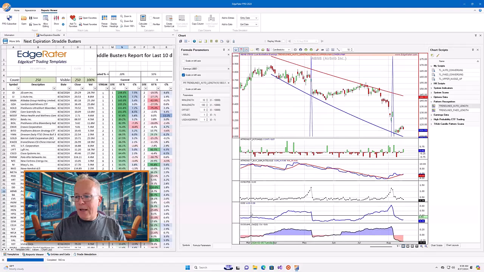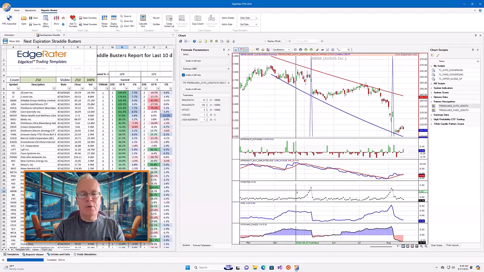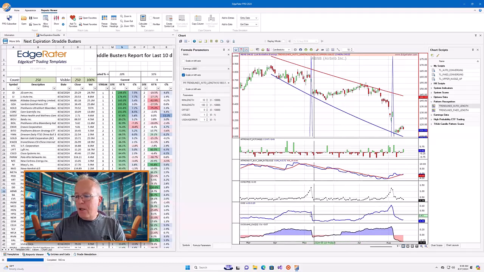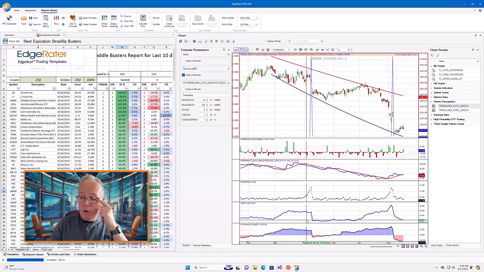That's on the next expiration, which in weekly options is normally always a Friday, unless you're dealing with something like SPY that has more than one expiration during the week. But most of the regular stocks only have one expiration a week, and that's on a Friday. Below that, we have the IV30, which is your regular implied volatility. Whenever anyone talks about implied volatility, normally they're talking about the 30-period implied volatility.